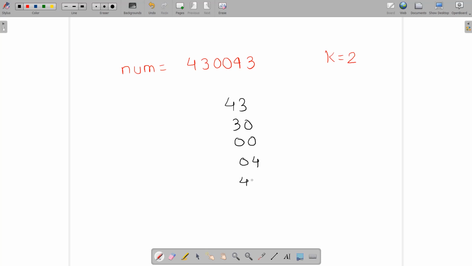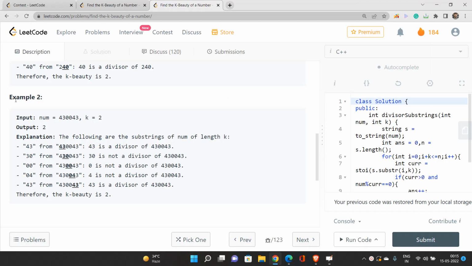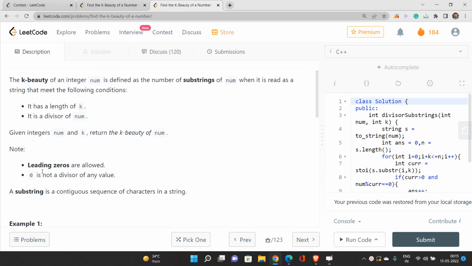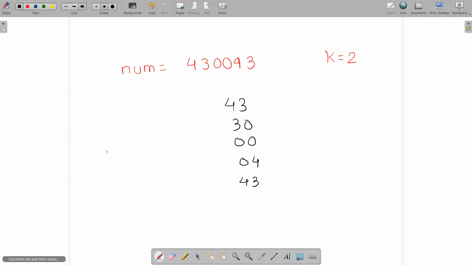Again we have 43. Now if you look at the problem description, it says that 0 is not a divisor of any value and leading zeros are allowed. So what I am going to do is extract the string representation and then convert it into an integer value.